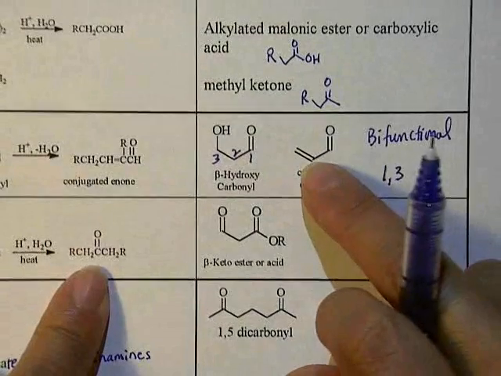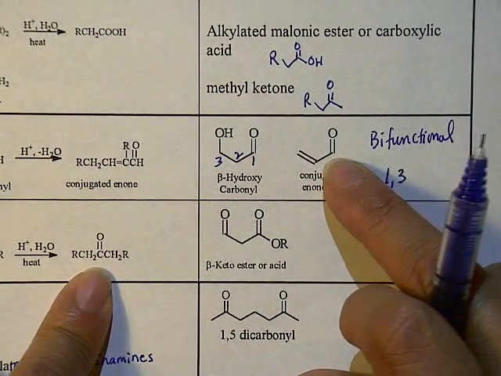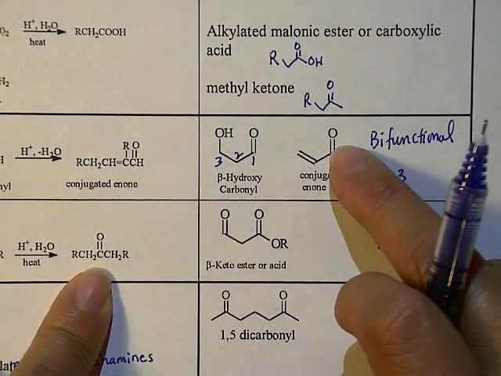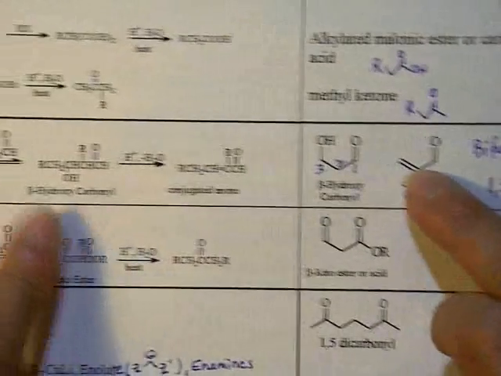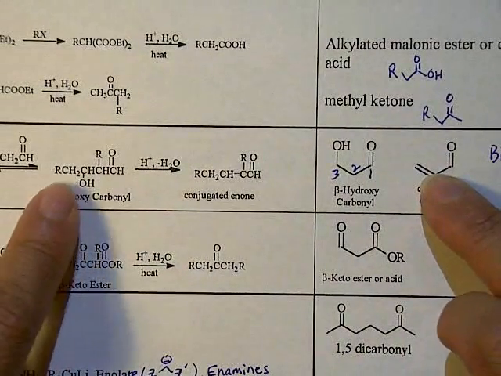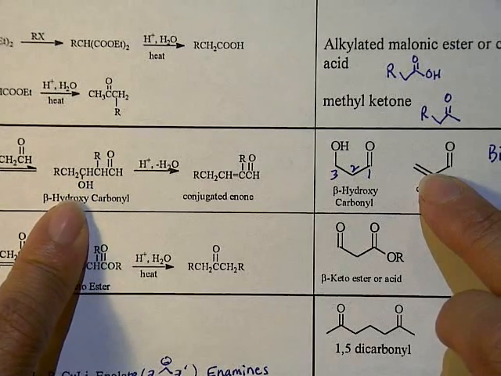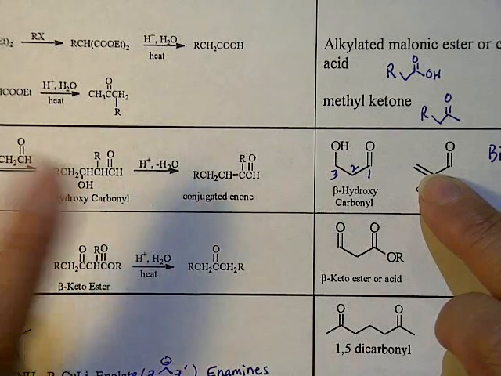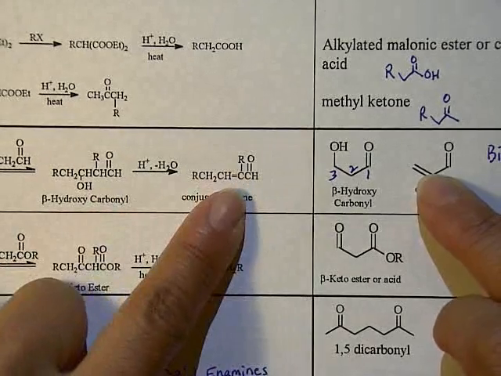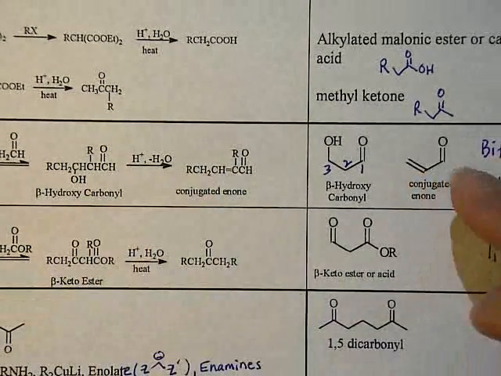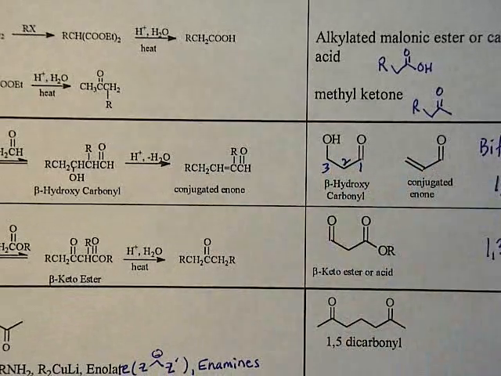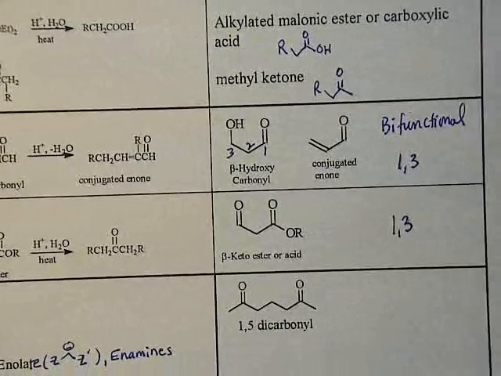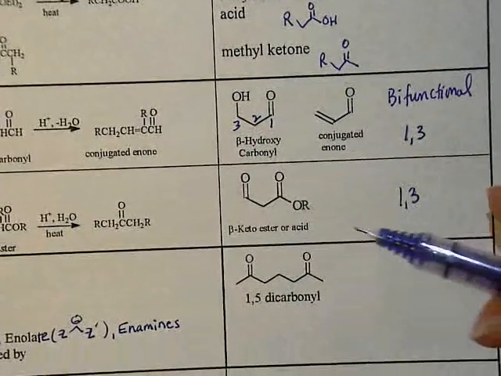And if you see an alpha-beta unsaturated carbonyl, so you have a double bond and the carbonyl, but they have to be conjugated, then you know that it's the product of the dehydration of the aldol product. So that's why these functional groups should trigger, whenever you see this or this, you should be thinking aldol in coming up with these products.